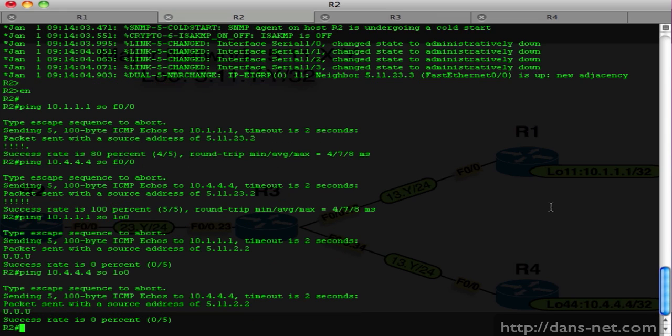As we can see, it's not working from R2's loopback 0. Since it's working from R2's FastEthernet 0/0, we know that we do have a route to R1's loopback 11 and R4's loopback 44. Maybe R1 and R4 got no route back to R2's loopback 0. Let's check it out.